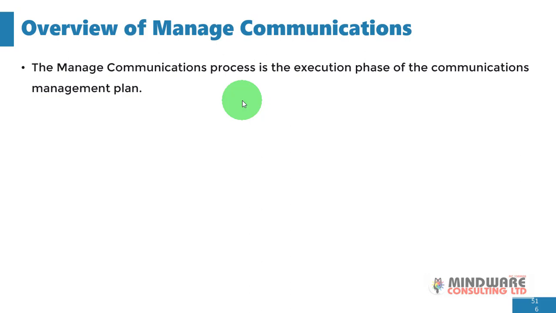Do you understand that now? So managed communications falls within the execution phase of the communications management plan. This is the time where you start looking at what's going on and how to get them aligned to objectives.